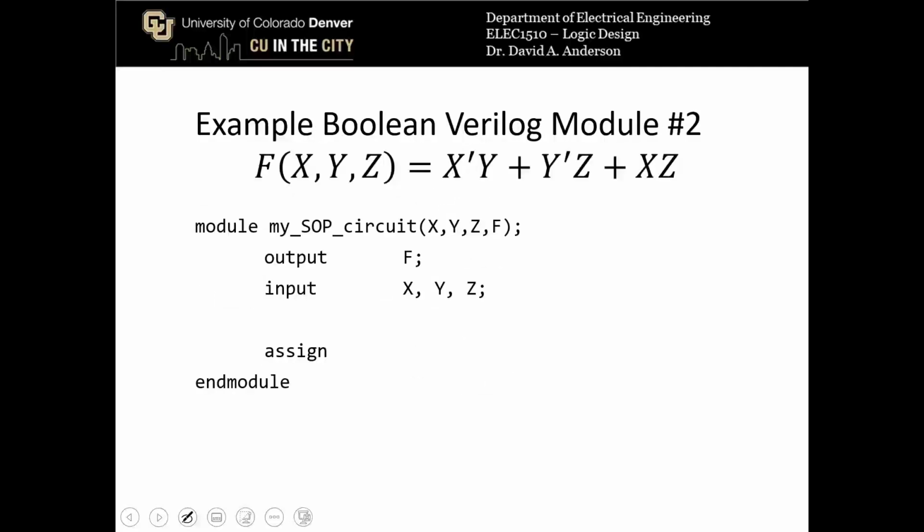So let's now implement this same expression from the previous slide using a Boolean expression rather than a gate-level expression. So now we use the keyword assign rather than and or something like that to assign f to be equal to, the first expression is opposite of x.